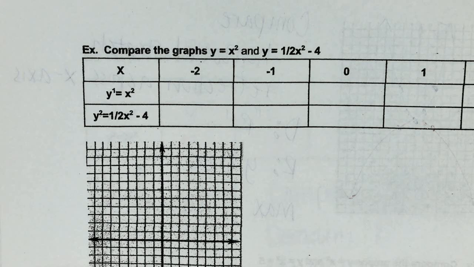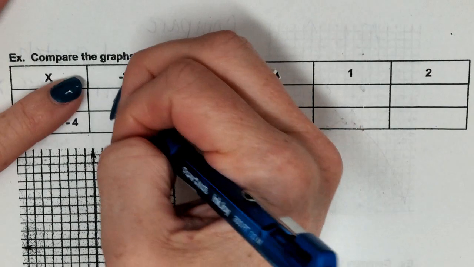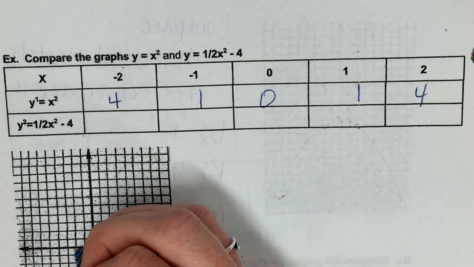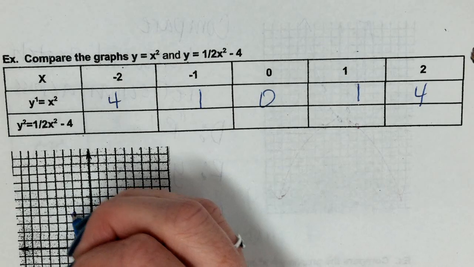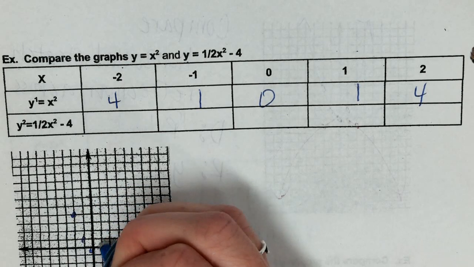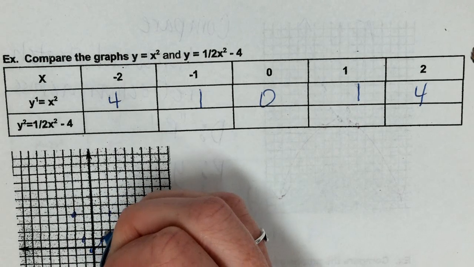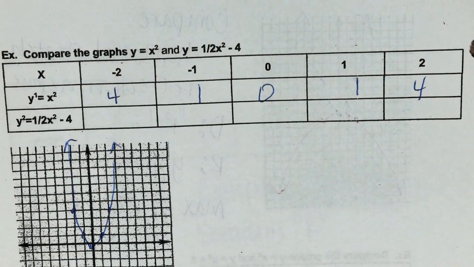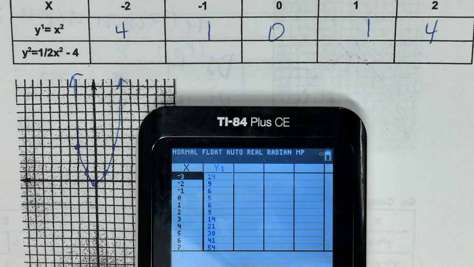Let's go graph it and look at it, though. So same parent function, 4, 1, 0, 1, 4. And then we'll go put this one in our calculator.